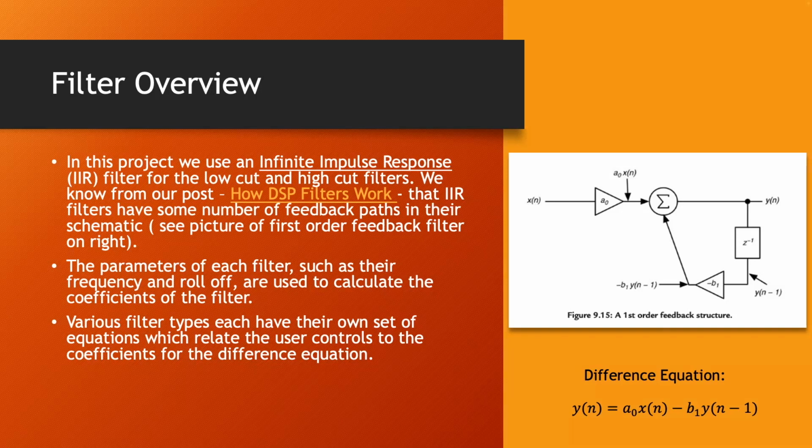One, what should the values of the coefficients A0 and B sub 1 be? And then second, how do we relate these coefficients to the parameters that we allow the user to control, notably cutoff frequency, roll off, etc.? We would want some sort of equations which can be used to transform these input parameters to the coefficients of the filter.